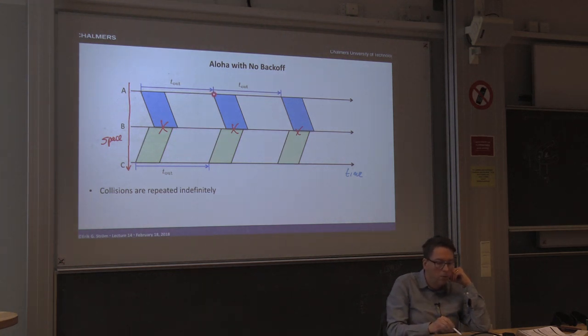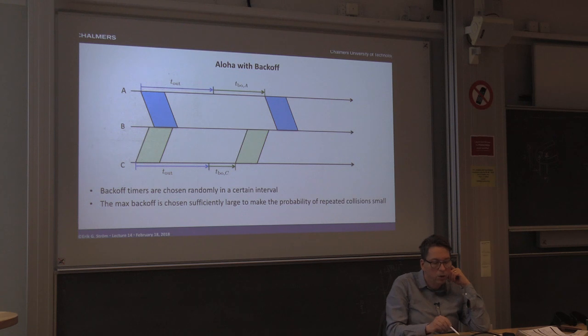Well, instead of transmitting immediately after the timeout counter has expired, we wait a little bit more. And we wait a random time. So we wait a different time here and a different time here. So we introduce an additional waiting time called the backoff time.